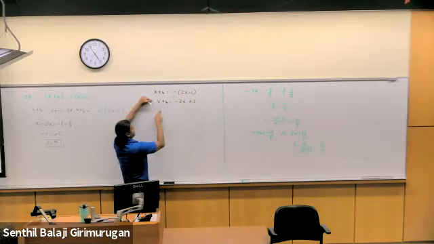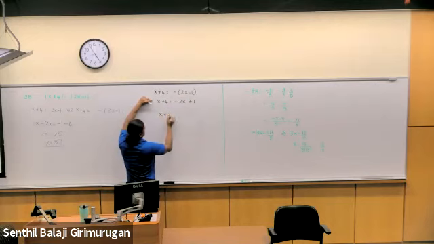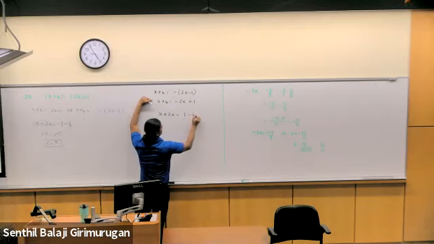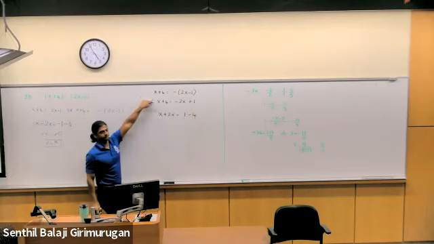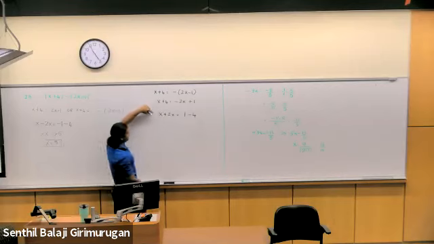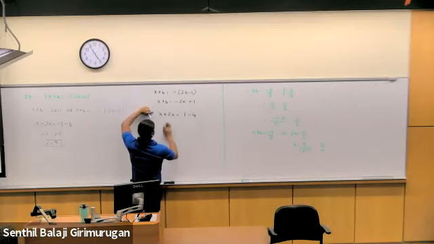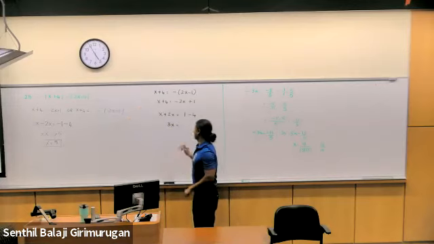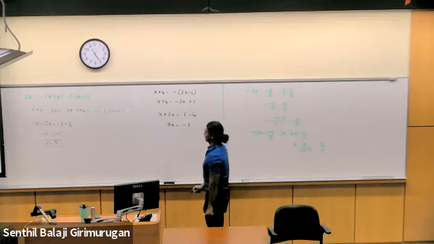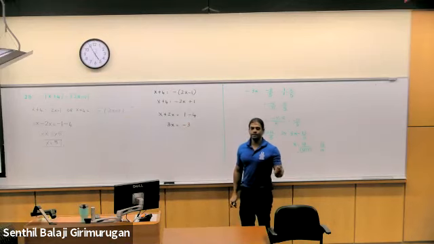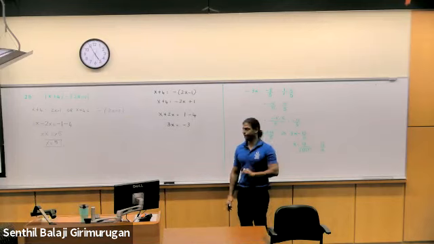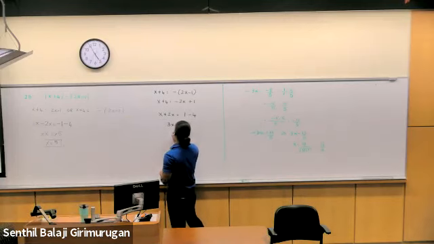Minus 2x comes this way, it becomes plus 2x. 4 goes that way, it becomes minus 4. With me? 2x plus x is, oh, bad algebra, 3x. And 1 minus 4 is negative 3. How do we find x? We divide by 3 on both sides. So if we divide by 3, I will get x is equal to negative 1.